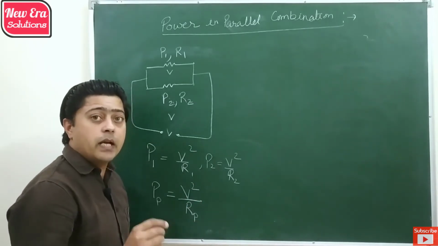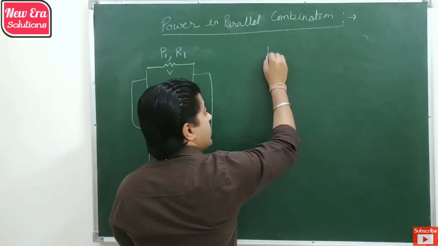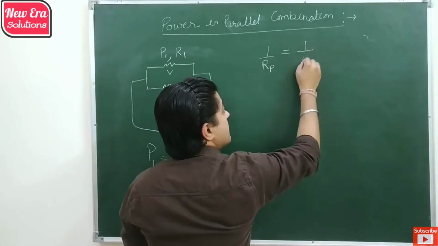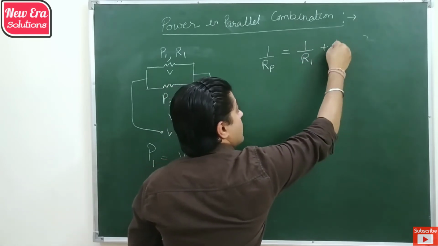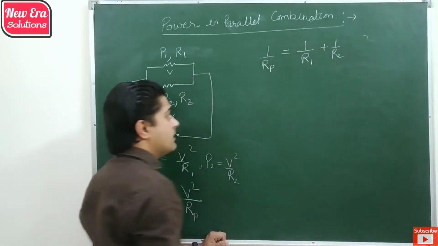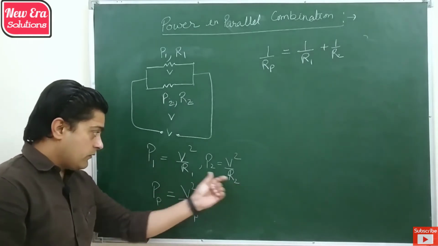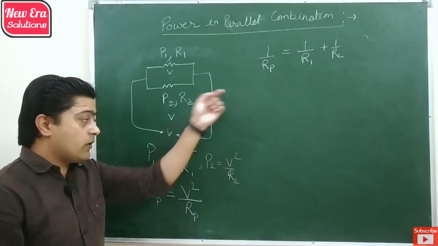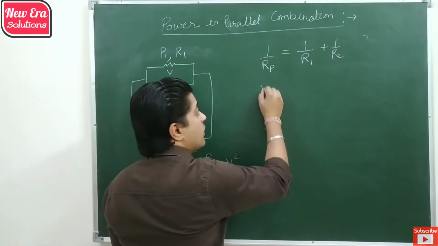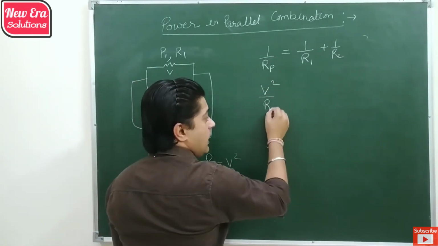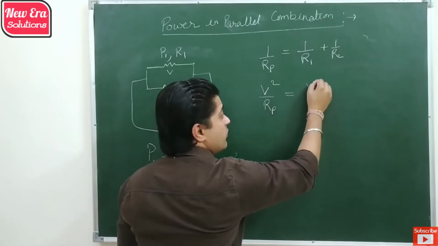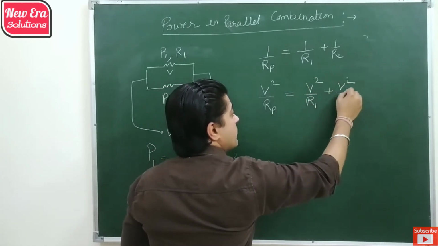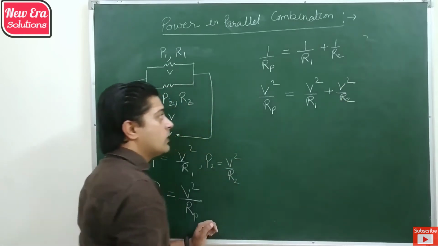From the parallel combination of resistances, the reciprocal of the net resistance is the sum of the reciprocals of each resistance. From these three formulas, we multiply V square on both sides and get V square by Rp is equal to V square by R1 plus V square by R2.